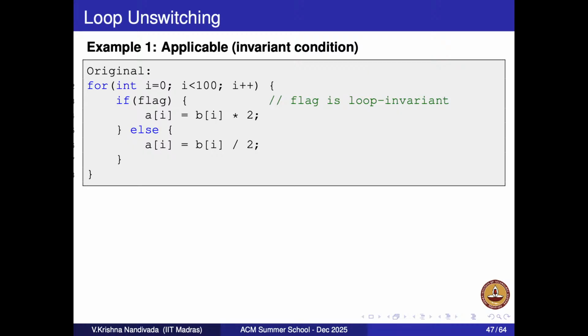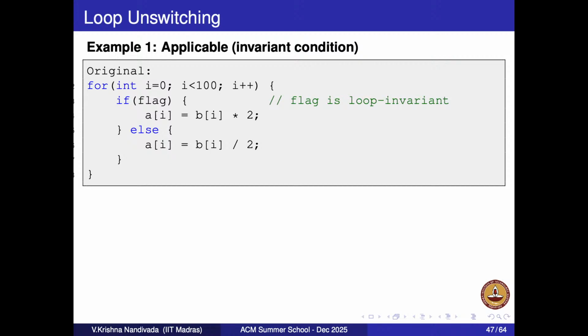We know that whether I'll take the then branch or the else branch, only one of them. Why should I move the for loop inside? Am I removing the if condition?